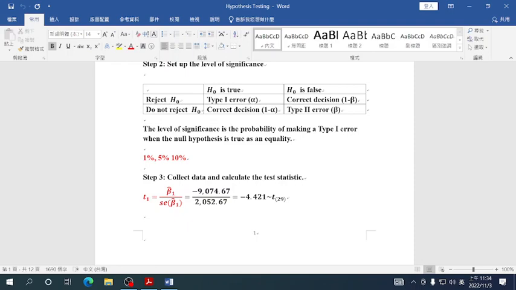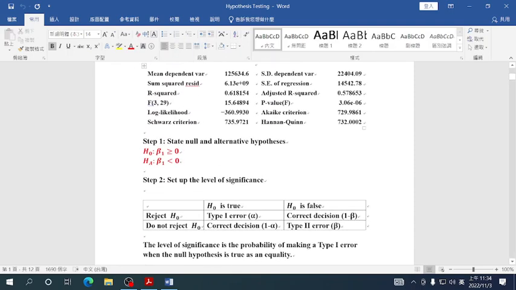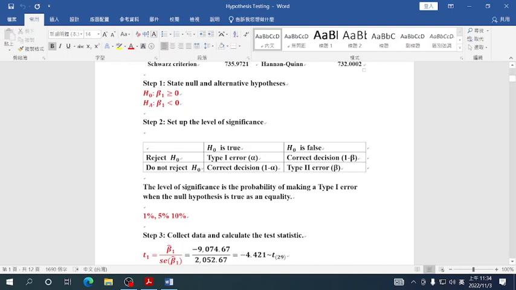Now, with this test statistic, and we are working with beta 1 less than 0, tell me the critical values. Okay, if I choose 5%.